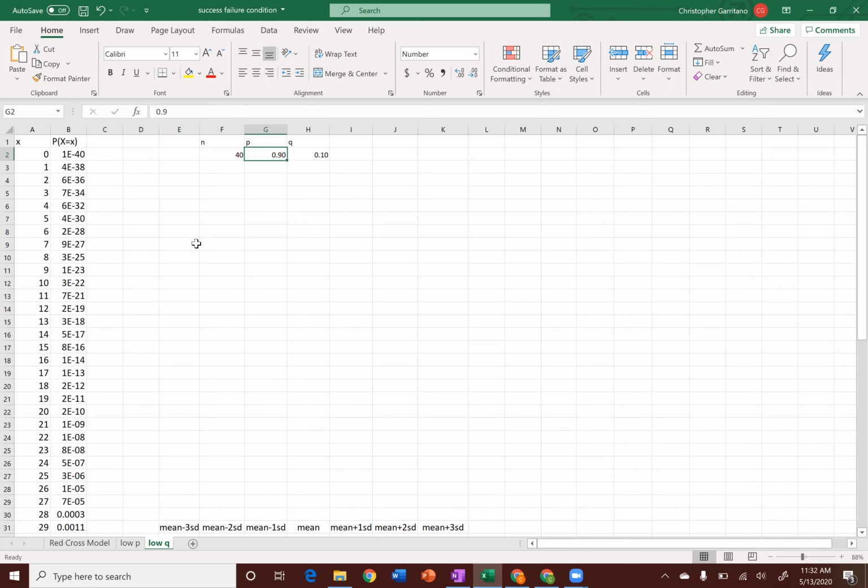When I go to the distribution of this binomial random variable, which is related to p hat, this information also applies to p hat. So if the probability of success is 0.9 and the number of trials is 40, n times p is greater than 10, so that works out. But n times q is less than 10, and so that does not work out. Let's see what happens as a result.